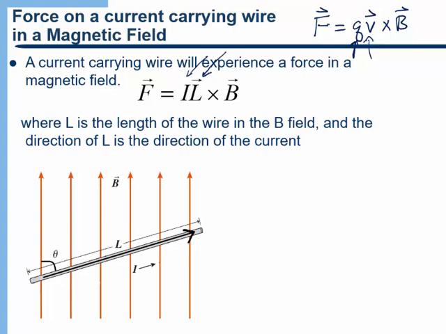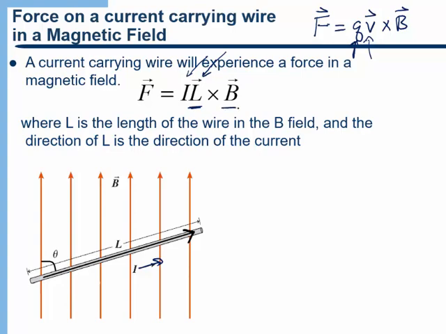Okay? So here we have a section of wire that is placed in a magnetic field, and we can find the direction of the force by using our regular cross product rule. So this vector L is just the length of the wire in the direction of the current. So if the current is going this way in the wire, here is vector L. And remember, the first vector in the cross product is your first finger. The second vector in the cross product is your second finger.